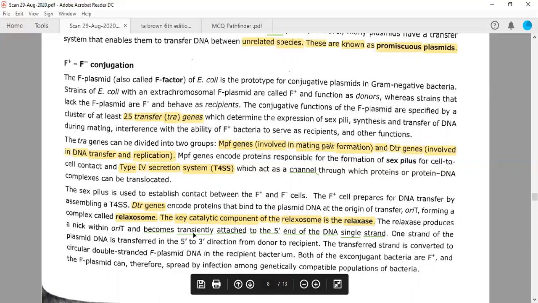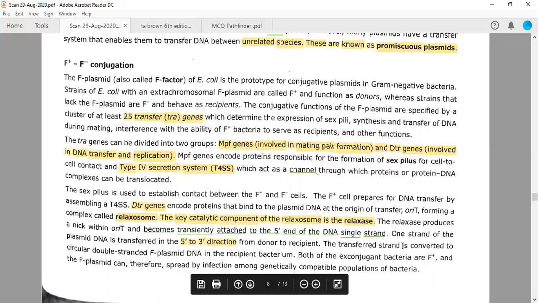They will remain bound until transfer starts from the donor cell to the recipient cell, as we will see in one diagram. So one strand of the plasmid DNA is transferred in 5' to 3' direction, meaning the same direction in which replication happens, from the donor to recipient. So the transfer is also in the same direction.